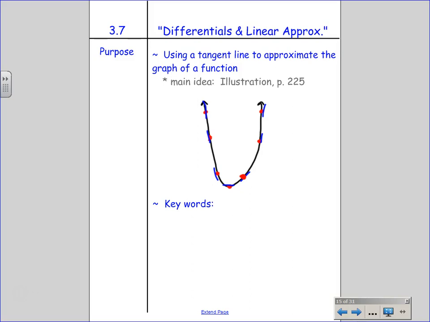Here's the main idea. If you look at this parabola, let's imagine, just for a second, the parabola was not there. Could taking a few little baby tangents, making little baby tangent lines and graphing them, kind of show us what the graph is?